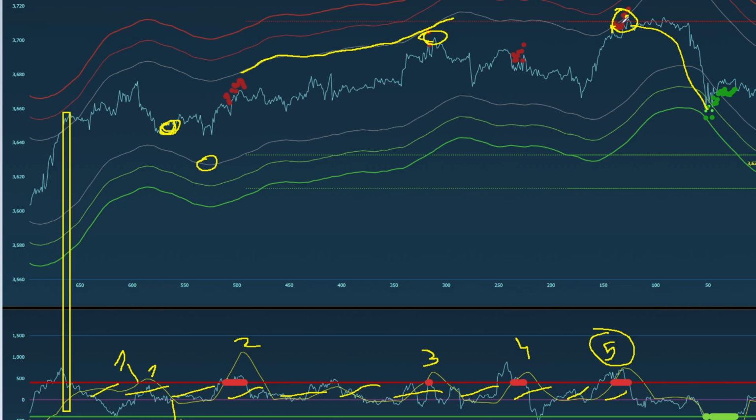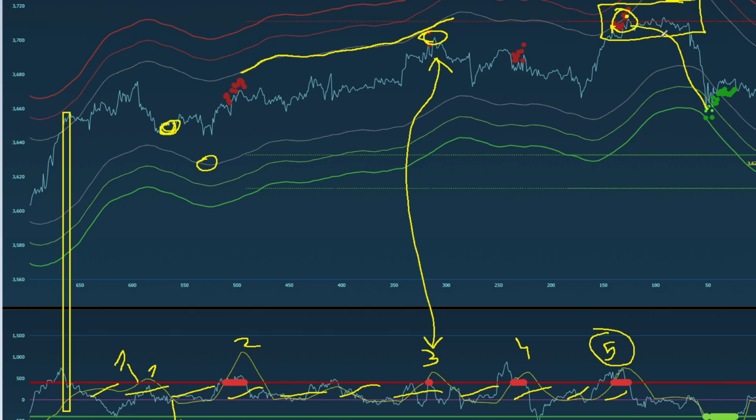So this is the perfect short setup here. It's counter trend, but we know that the trend is really exhausted. It was actually exhausted over here when the Momo 2 hit 400 for the third time during that period. So basically, for me it's kind of a no-brainer, right?